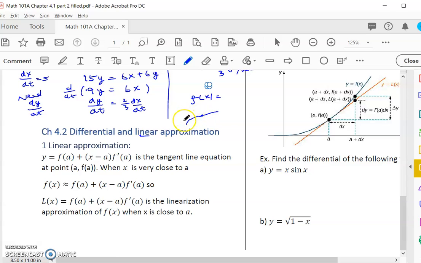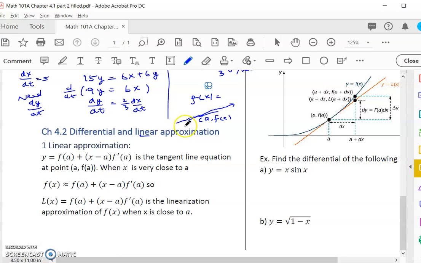You notice that instead of plugging into the original function, the tangent line at a, so this is a, f of a, is very close to the graph because it's tangent to it. When x is really close to a, it's almost the same as f of a.